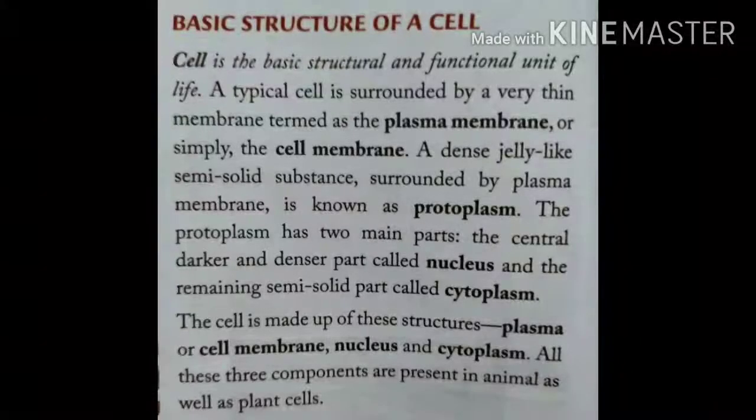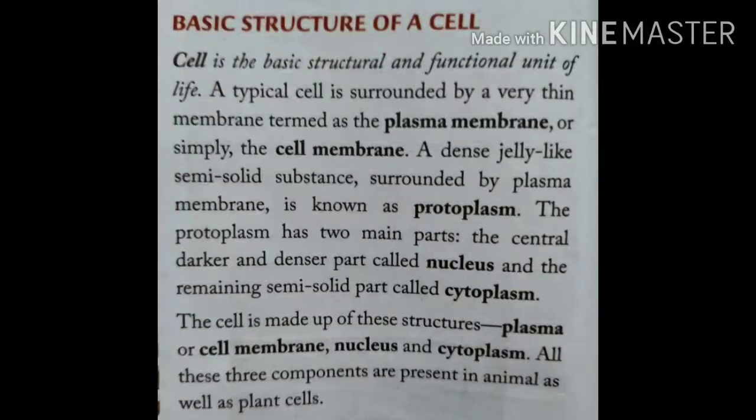Then cell is surrounded by a membrane that is called plasma membrane or cell membrane. Inside is a jelly-like substance that is called protoplasm. The protoplasm has two main parts. They are the nucleus and the cytoplasm. The cell is made up of these structures: plasma or cell membrane, nucleus and cytoplasm.